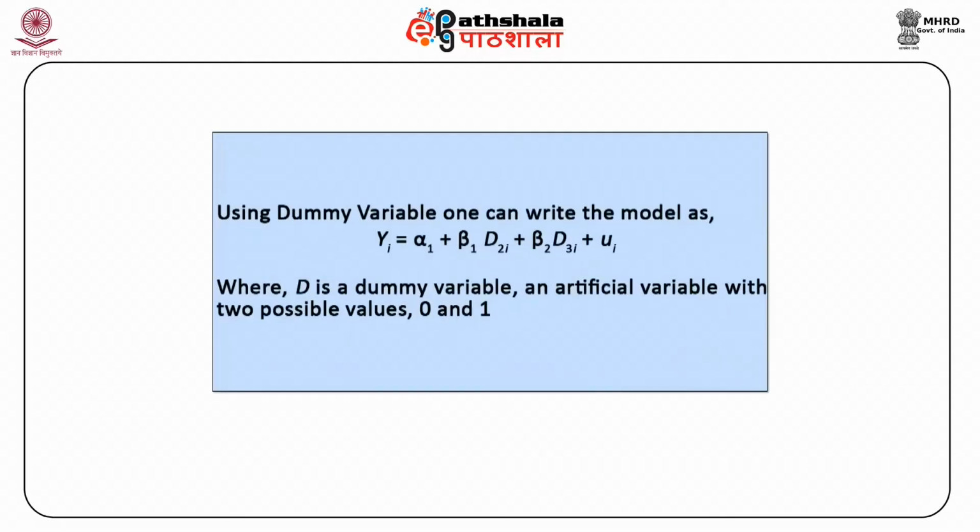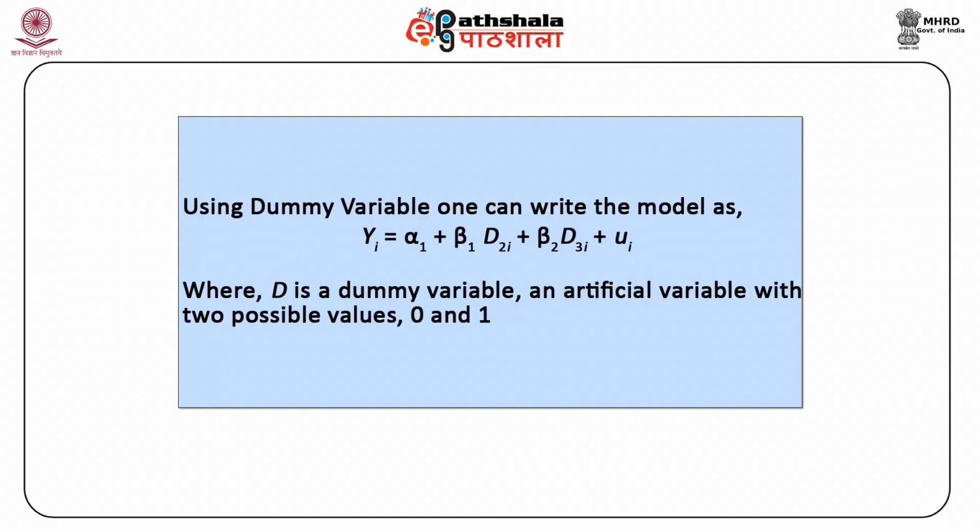The equation Yi = α1 + β1 D2i + β2 D3i + μi represents our model by using dummy variables.